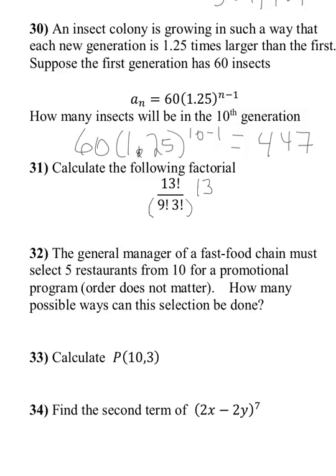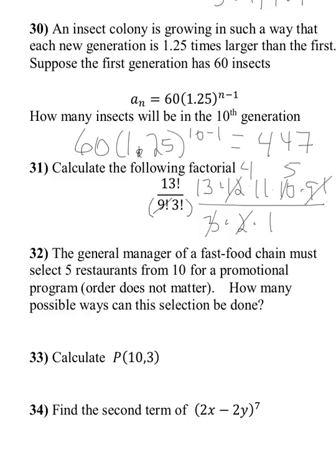So 13 times 12 times 11 times 10 times 9 factorial. Now the 9 factorial and the 9 factorial cancel, and then we just have 13 times 12 times 11 times 10 over 3 times 2 times 1, and we can just start canceling, reducing the values of these numbers, and then just multiply together what you end up with at the top.